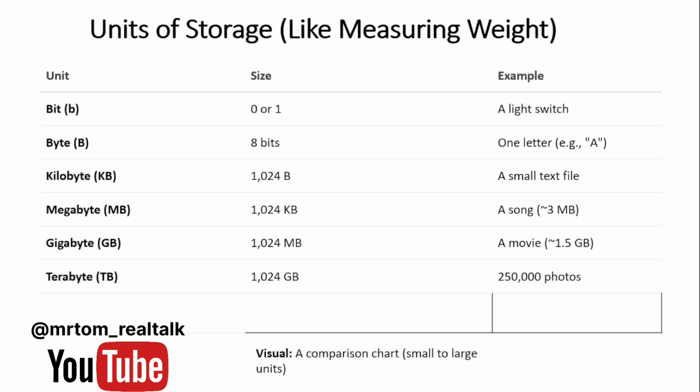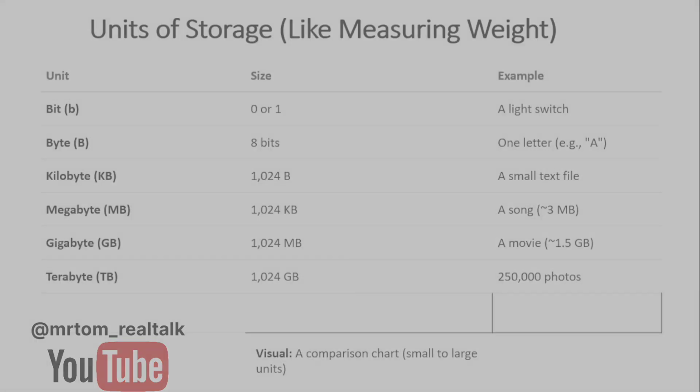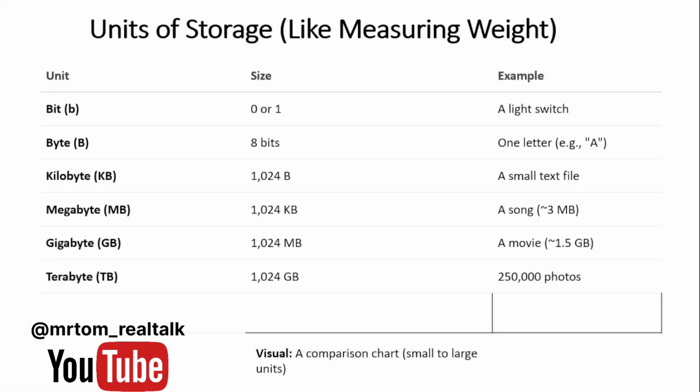Then the next unit here is terabyte. 1 terabyte is equal to 1,024 gig. Now, a terabyte can accommodate a lot of documents because it's usually large, it's usually big. Most modern laptops, sometimes you see them with 1 terabyte.